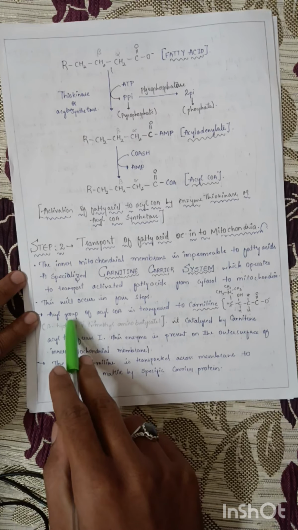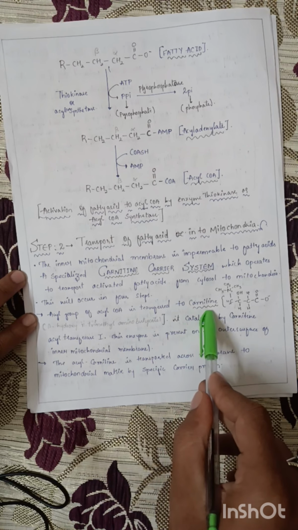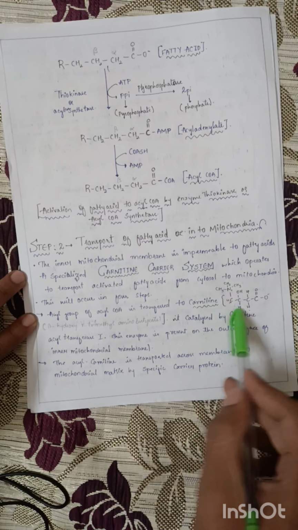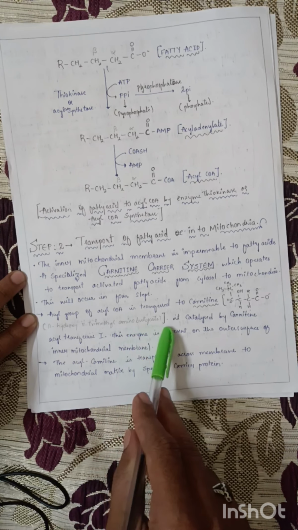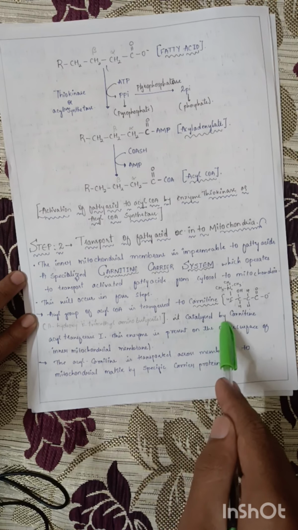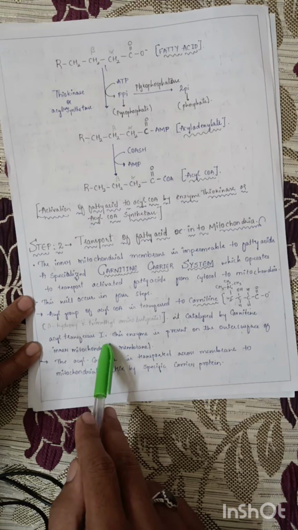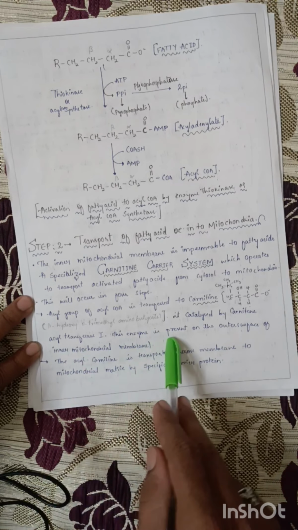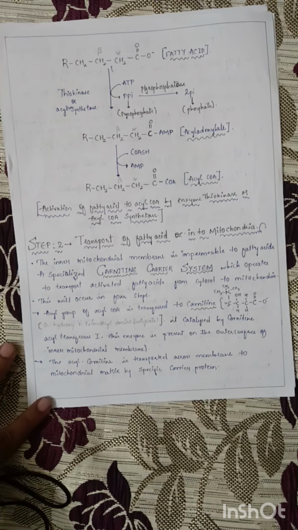First step, the acyl group of acyl-CoA is transferred to carnitine. This is the structure of carnitine, beta-hydroxy gamma-trimethylaminobutyrate. It is catalyzed by carnitine acyl transferase 1 enzyme. This enzyme is present on the outer surface of the inner mitochondrial membrane.